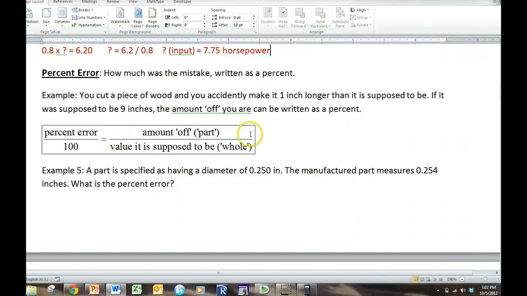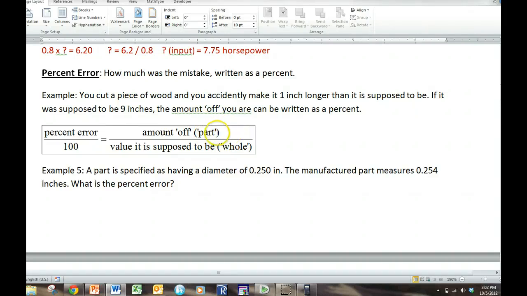So I want to figure out the percent error, and so that means I have some sort of a measurement that something is supposed to be, and I make a mistake and I'm off by a certain amount, and that's my percent error. So say I want to cut a piece of wood, I accidentally make it 1 inch longer than it's supposed to be. If it was supposed to be 9 inches, the amount off, my percent error, can be written as a percent.